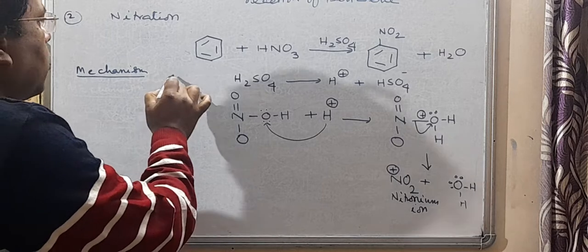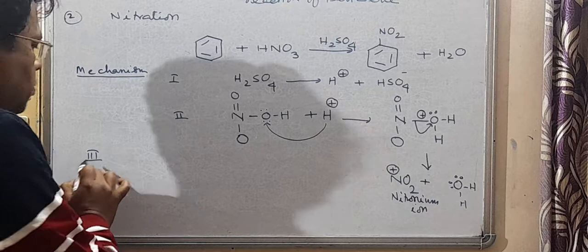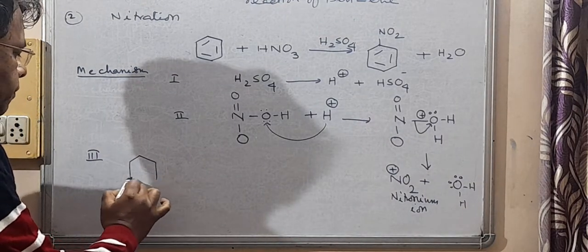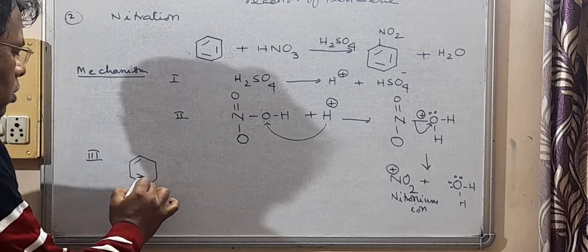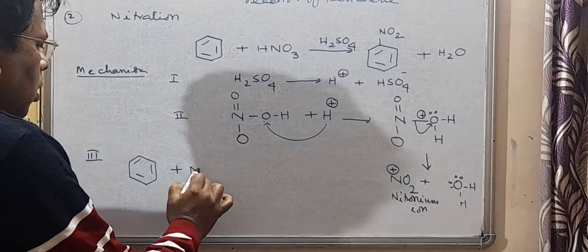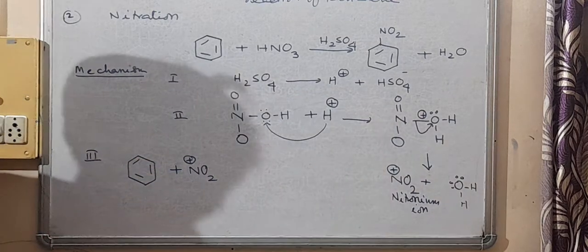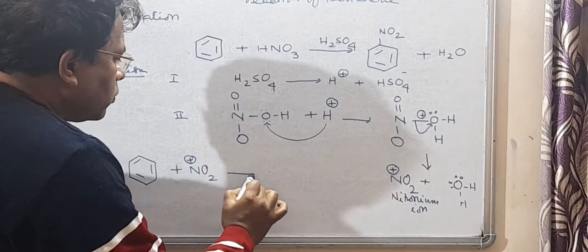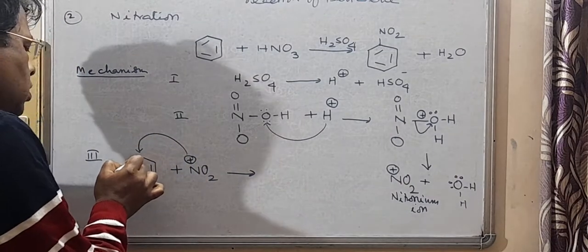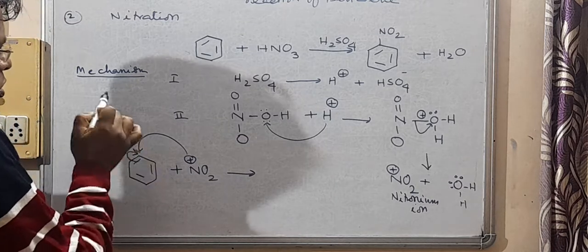Okay, so suppose this is step 1, this is step 2. Now in step 3, what happens? Just see this benzene. This benzene will now be attacked by this electrophile, NO2 plus. When this one attacks here, in the same way this pi electron will help in the formation of bond by coming here.